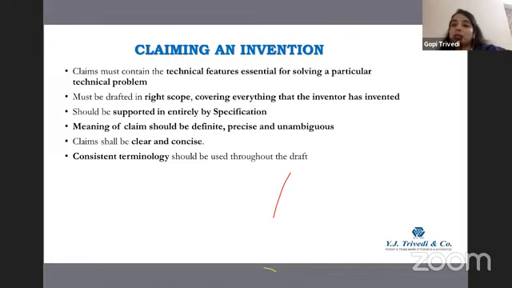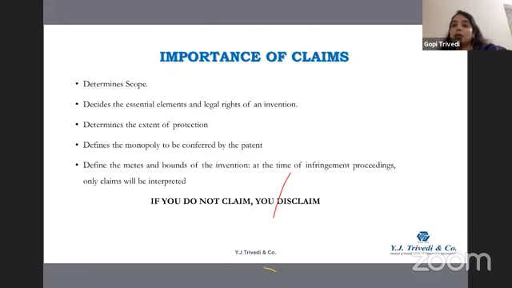While writing the claims, I'm not going to use any foreign word or phrase or sentences which are not there in my description part. So the importance is that it determines the scope, decides the essential elements and legal rights. It also determines the extent of protection, the monopolies, and these are used to decide infringement.